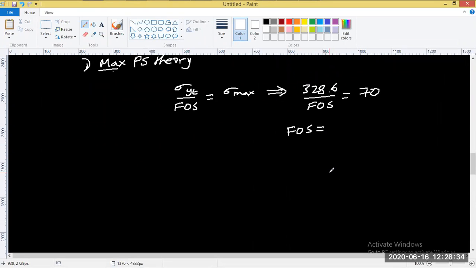Okay, so similarly, using the second one, this is the maximum shear stress theory. So according to maximum shear stress theory, we have tau max, right?